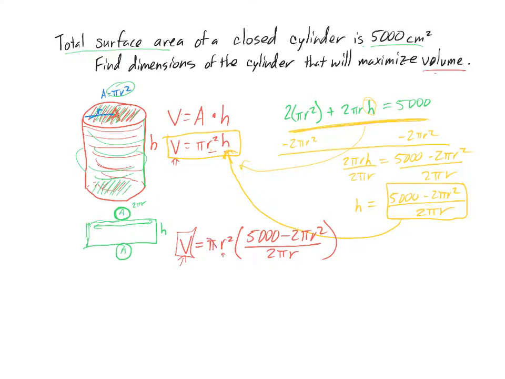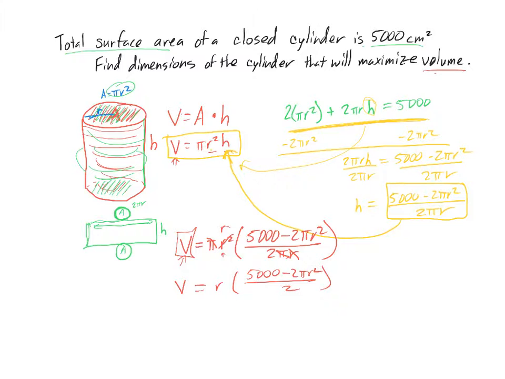We can cancel out this pi, which is on the bottom. This is an r squared, so we're going to cancel out one of those with the one on the bottom. And so we're now going to have V equals r times 5,000 minus 2 pi r squared over 2.